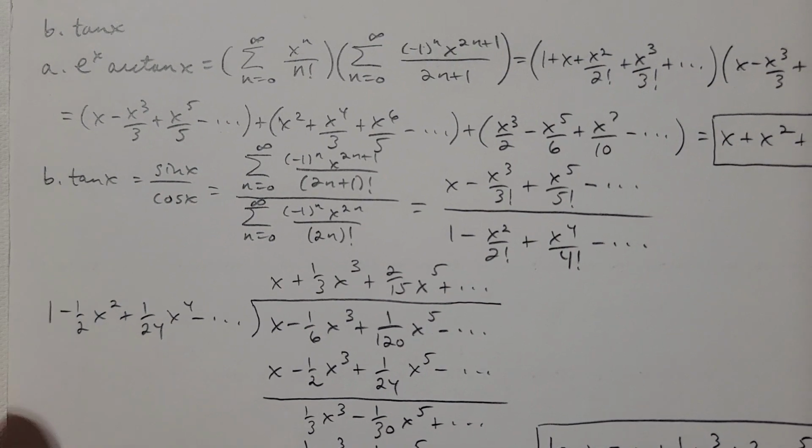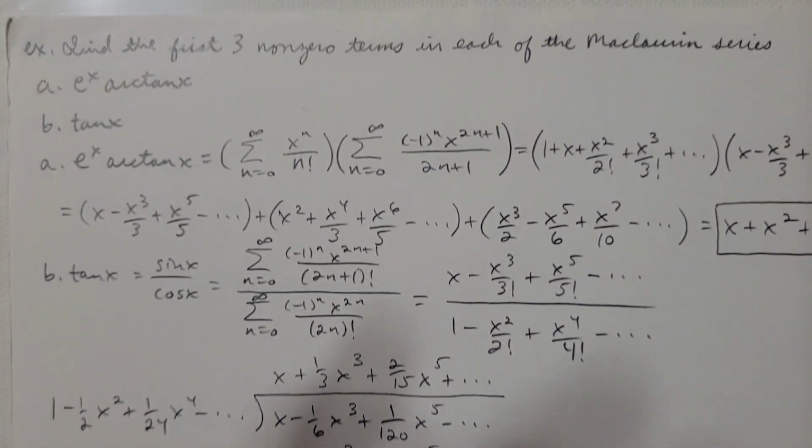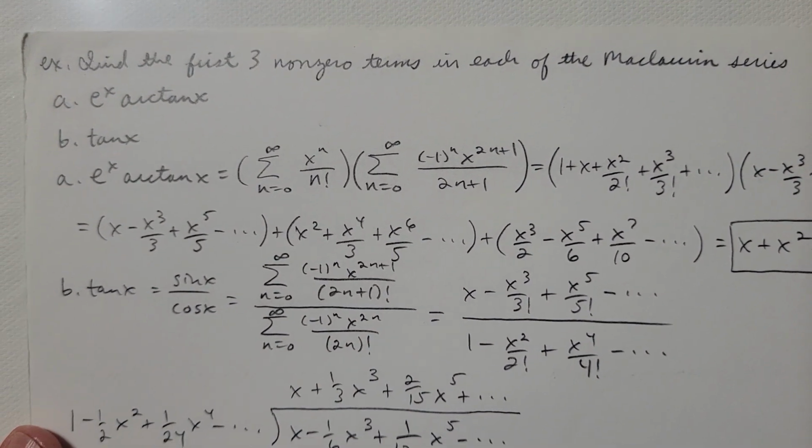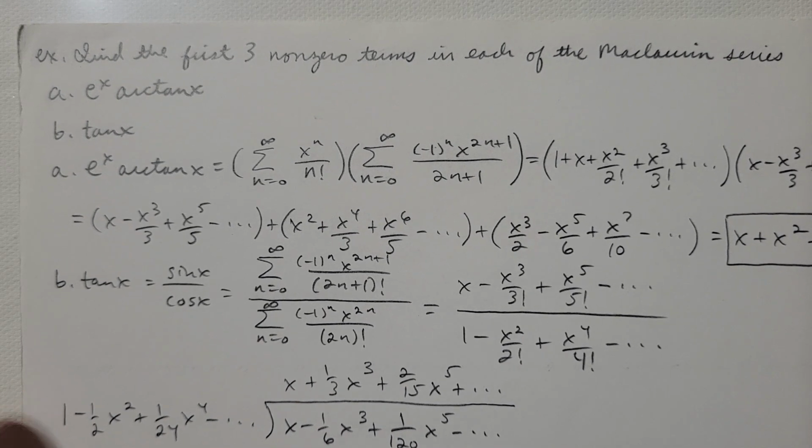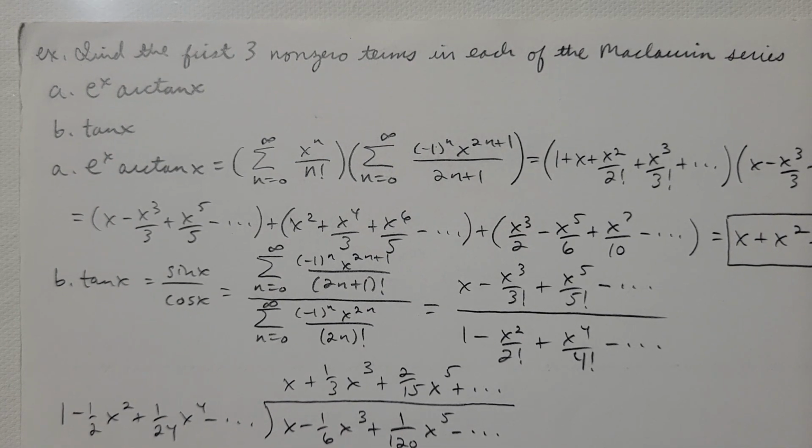All right. There's some problems in the section where you're going to find the first three non-zero terms in each of the Maclaurin series. So I've just got two examples here where we're doing that. So part A, I got e to the x times the arctangent of x. And then part B is tangent of x.